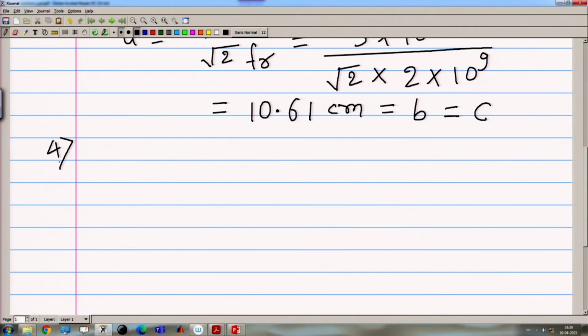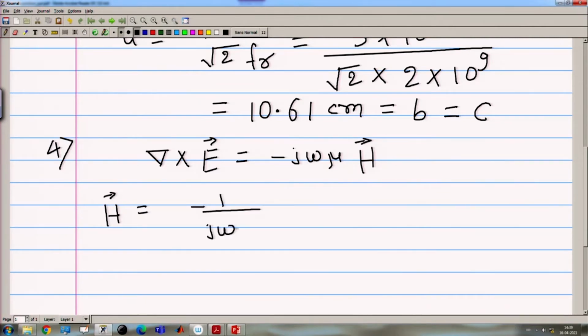So, we know from the Maxwell equation del cross E equal to minus of j omega mu into H. This can be written as H equal to minus of 1 by j omega mu del cross E, because this is the air filled cavity, so mu equal to mu naught.